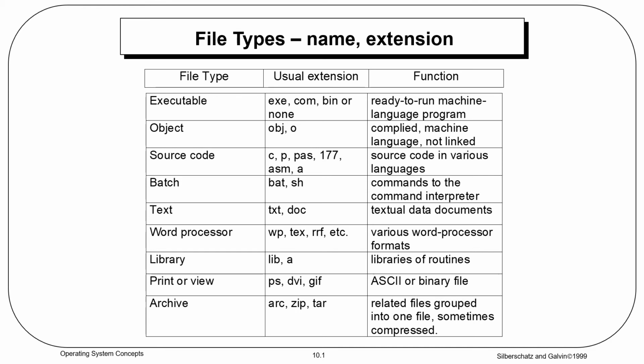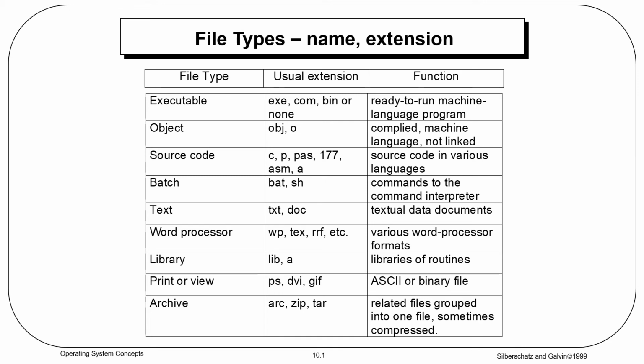Now for word processor we can use .docx. For library, lib, and archives like .zip, .tar.